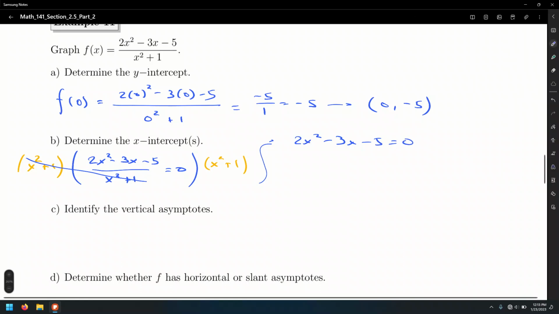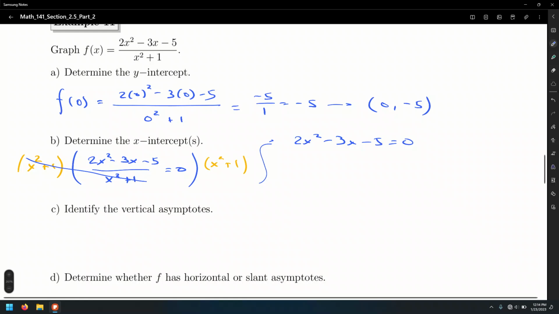And while this is a polynomial equation, recall that there's a bunch of ways to solve it: by factoring, completing the square, which is going to take forever, looking at the coefficients, that takes forever, or the quadratic formula, which is going to take some work as well. So factoring would be better in this case. And recall I showed you a few different ways to factor this type of polynomial, where the leading coefficient, in this case the coefficient of the quadratic term, is different than 1.